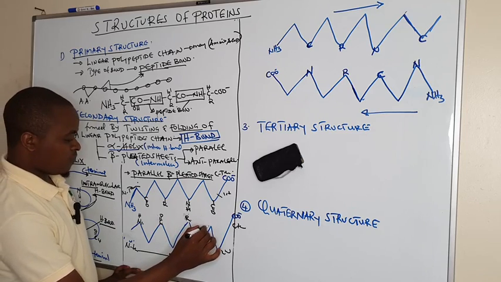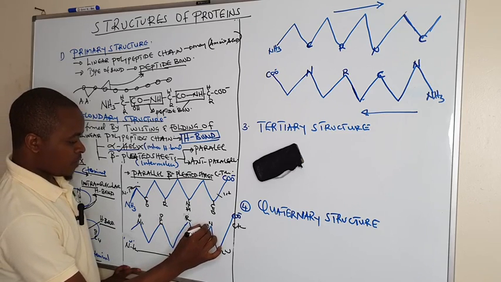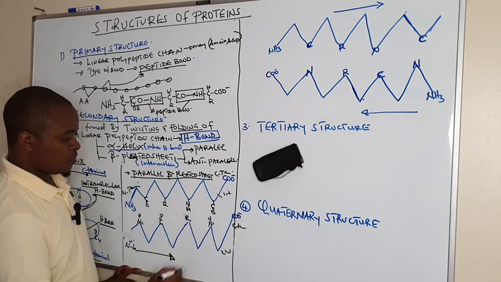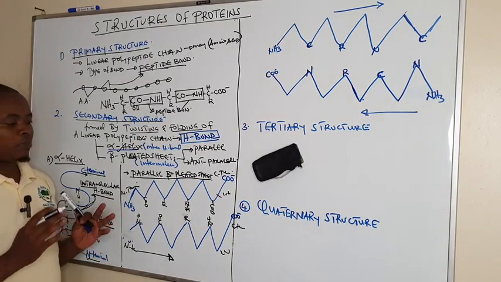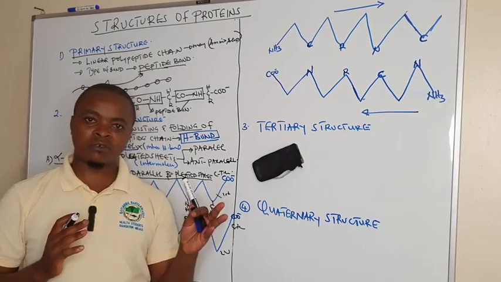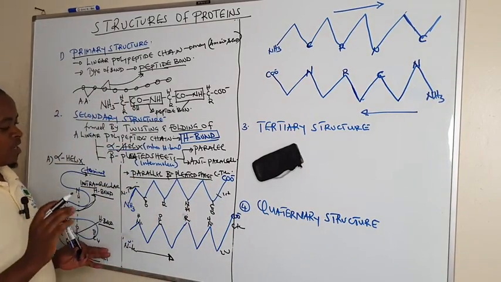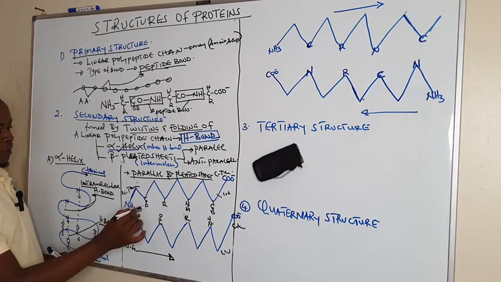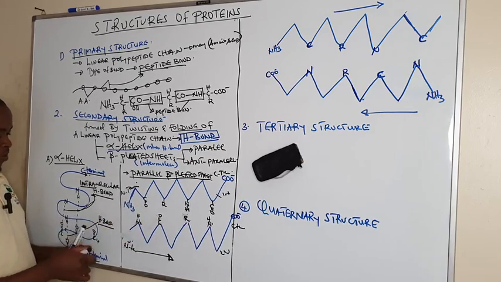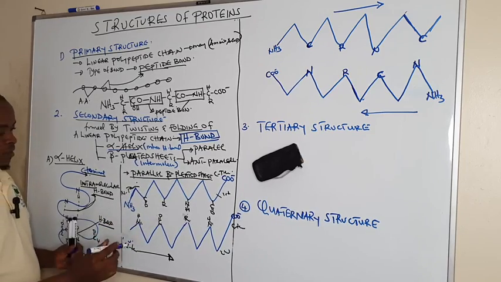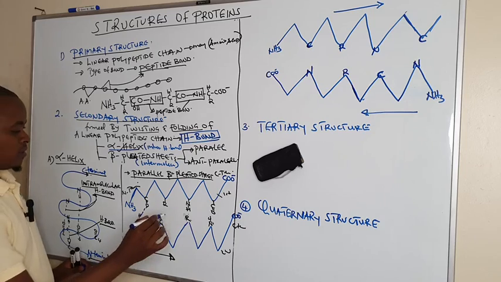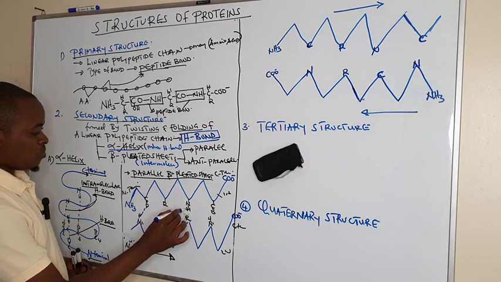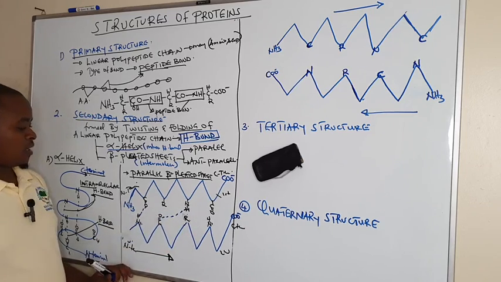Then we shall have another amine group and so forth. So during bonding, the bonding occurs between the carboxyl group and the amine group. So this carboxyl group is going to bond with the amine group here. And this amine group here is also going to bond with this carboxyl group.